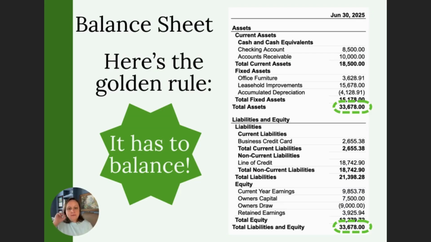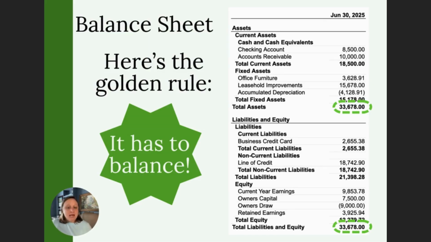So overall, this is what a balance sheet looks like, and obviously the golden rule for a balance sheet is that it has to balance. So what that means is that we have to take your assets, which are the things that you own. So like we said, your checking account, accounts receivable, office furniture, leasehold improvements.